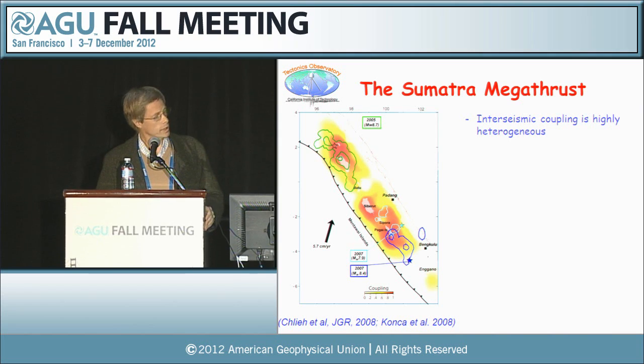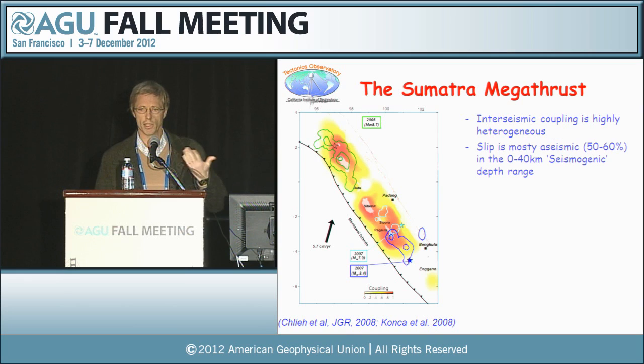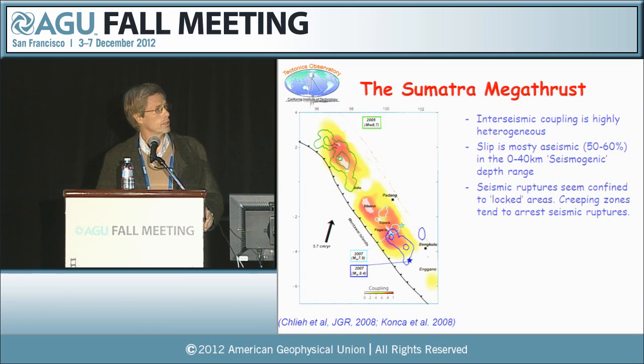To sum up what we've seen for Sumatra so far: a very heterogeneous pattern of interseismic coupling. The seismic ruptures tend to be confined within the locked asperities.